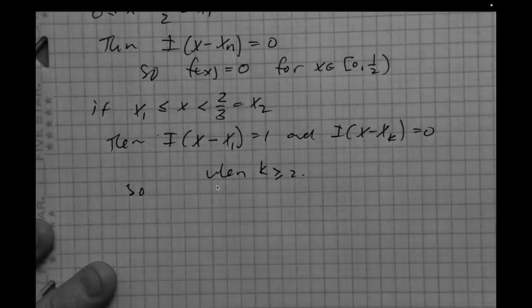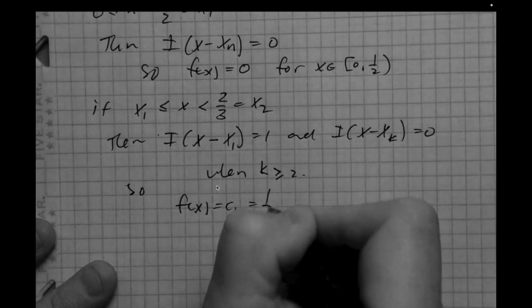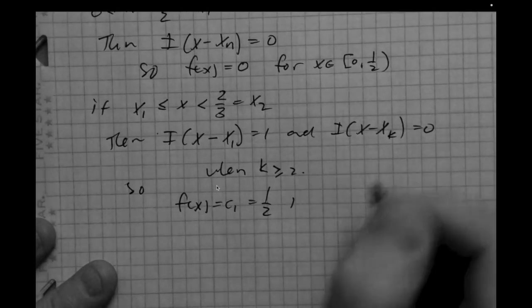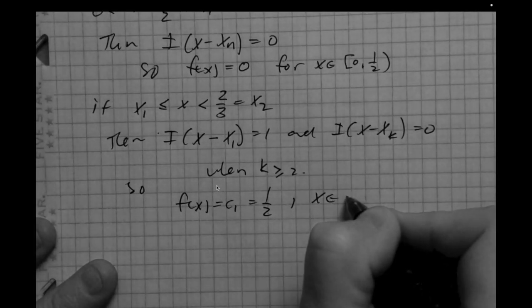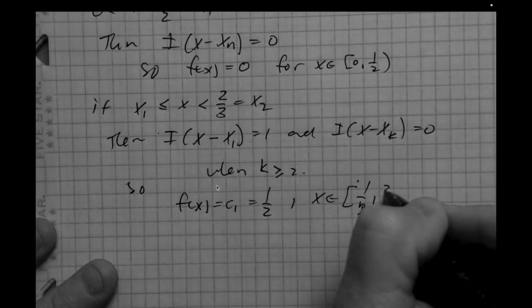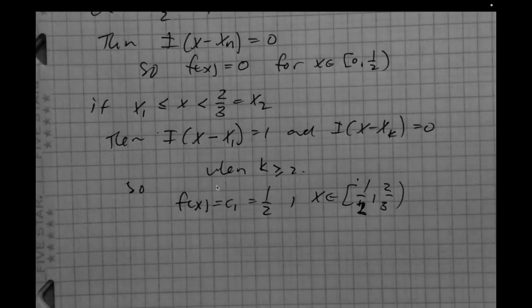So f of x would be equal to c_1, which would be 1 over 2 to the first, 1/2, for all x in the interval 1/2 up to 2/3. So you can kind of just reason about what the value of this function would be.